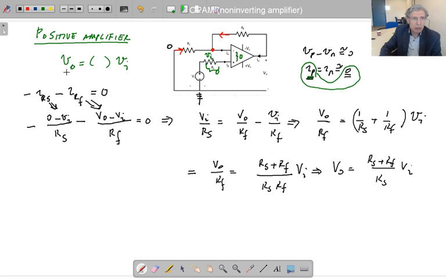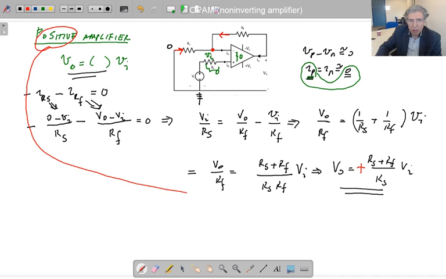Now this is what we are looking for. We found it. Interpreting this result, the sign here is positive, so when I said positive amplifier, we have done this. And RS plus RF over RS is bigger than 1. Why is that? RF is added to RS, so it is bigger than 1.